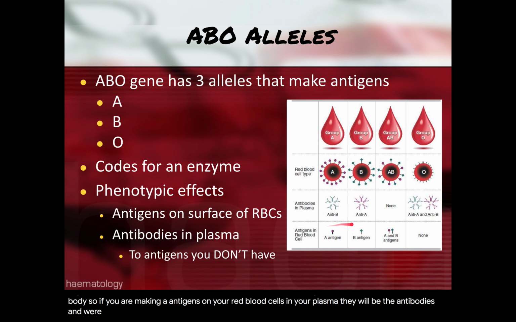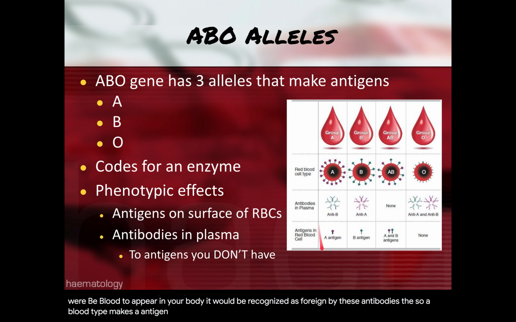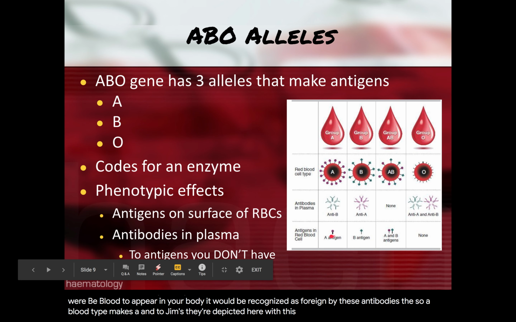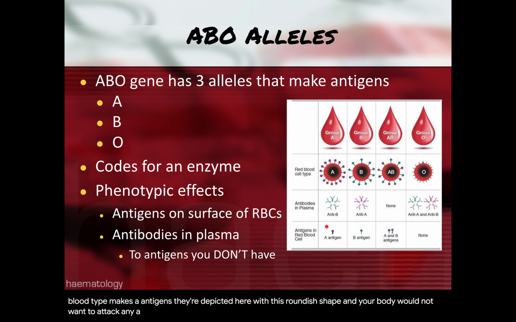And were B blood to appear in your body, it would be recognized as foreign by these antibodies. So A blood type makes A antigens. They're depicted here with this roundish shape, and your body would not want to attack any A antigens, but it would want to attack B antigens, and so you would make B antibodies.